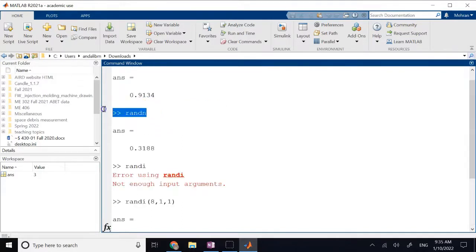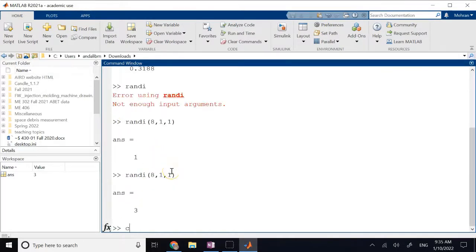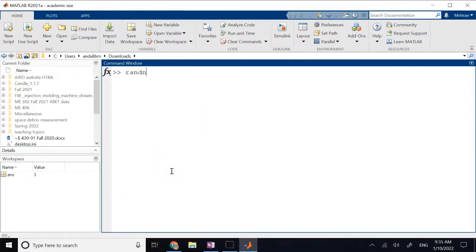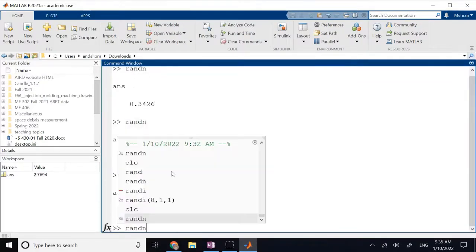So if I use randn, data taken from a normal distribution, what is the sigma and what is the mu that this command is using? Well, I can just look at the help of MATLAB and it tells me, but if I don't know, what I want to do is call this command a bunch of times, and each time it gives me a different random number.